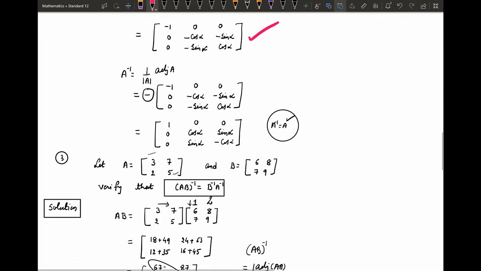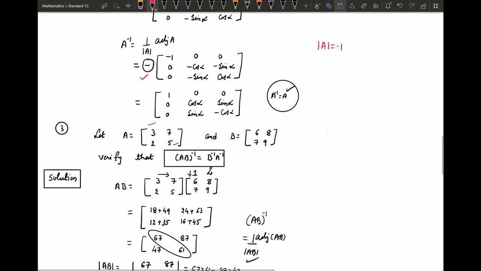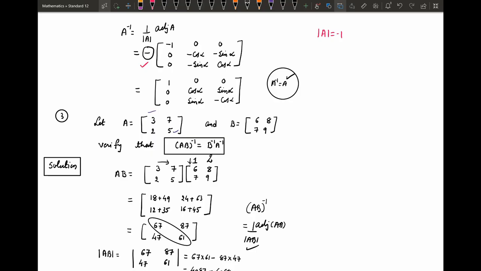Now by the formula, A inverse is 1 upon determinant A into adjoint A. The value of determinant A is minus 1. When we multiply a matrix by minus 1, each of the 9 entries has to be multiplied by minus 1. So we get 1 0 0, 0 cos alpha sin alpha, 0 sin alpha minus cos alpha.